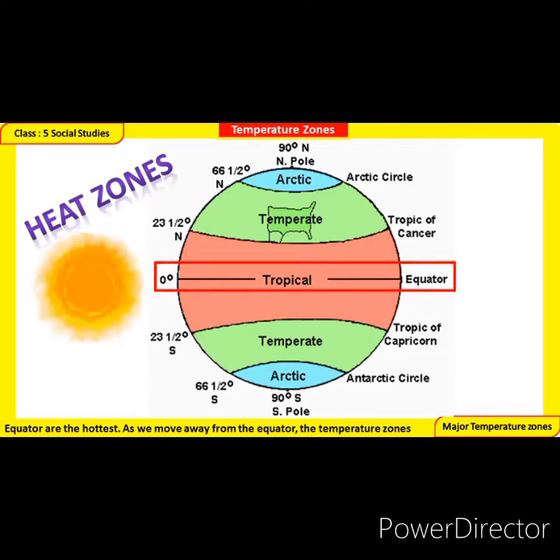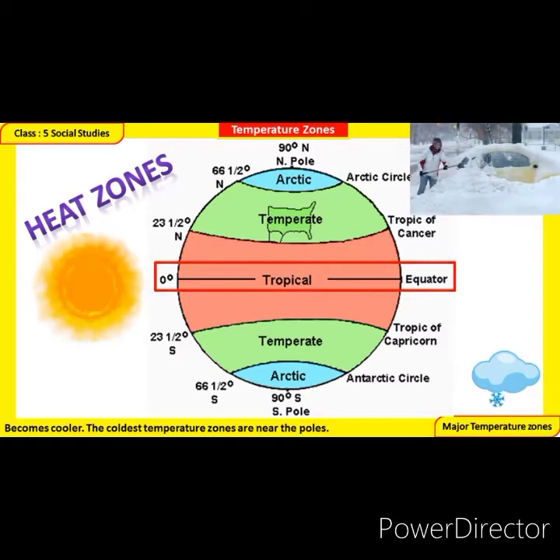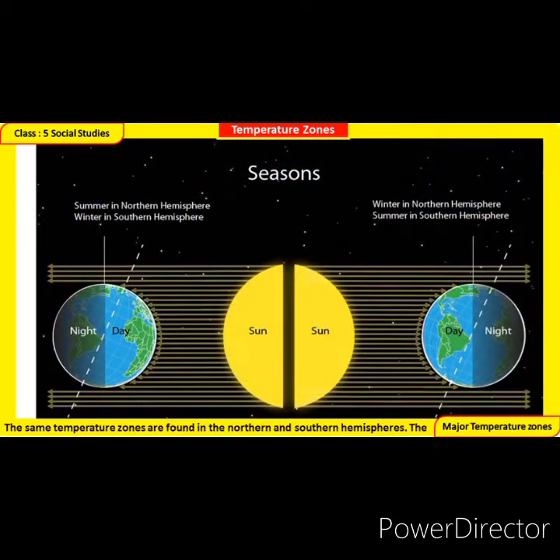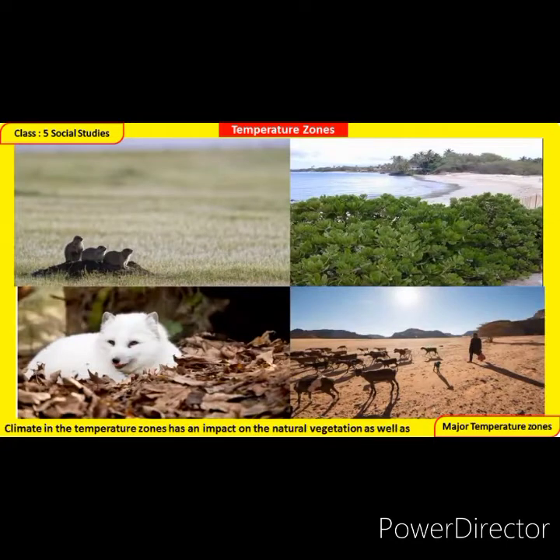As we move away from the equator, the temperate zones become cooler. The coldest temperature comes near the poles, because we are moving absolutely away from the equator.